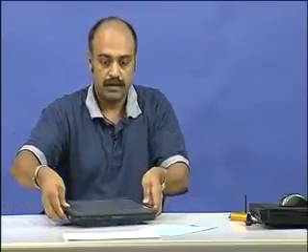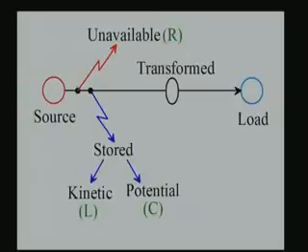So, now coming back to our topic of the basic components, we were till now looking at the resistor component, the one which dissipates energy. If we go back to one of our earlier slides of energy flow, we saw that we were focusing till now on this component which takes away the energy, or the energy that gets lost in flowing from the source to the load, and that component is the resistive component.